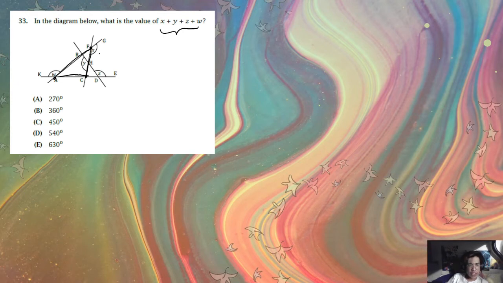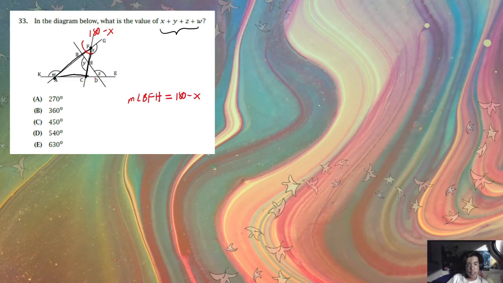So we have here angle x. Most likely the measurement of the angle adjacent to angle x, angle BFH, would be 180 minus x.